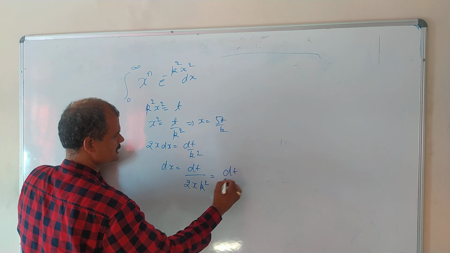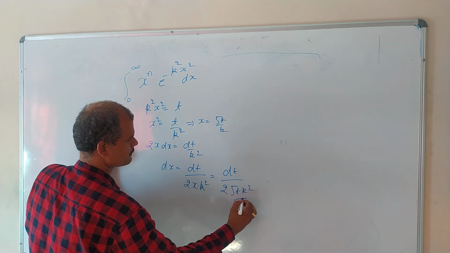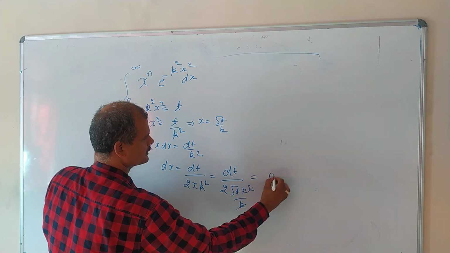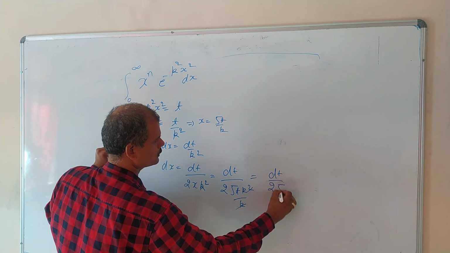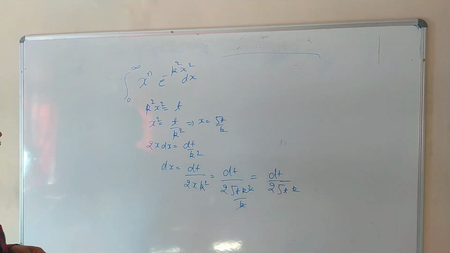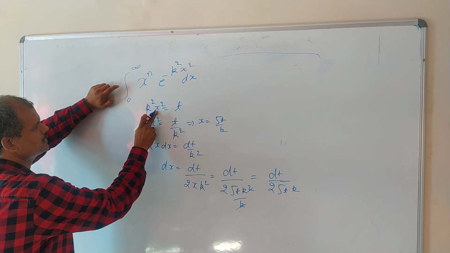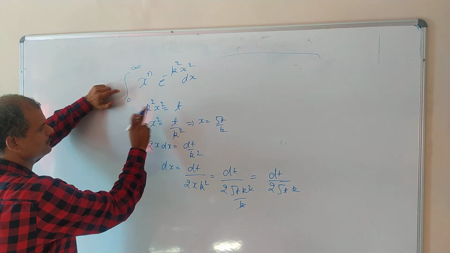So here we get dt by 2 root t k square by k. This k cancels, so dt by 2 root t k. Fine. And limit x equal to 0, t equal to 0, x equal to infinity, t equal to infinity.